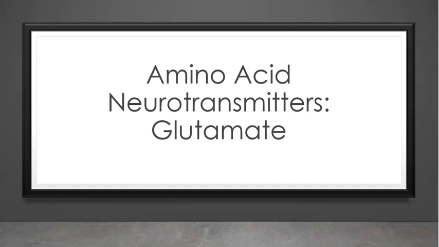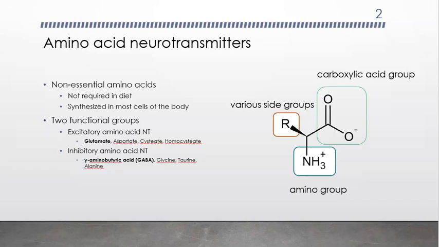Now, before we get into glutamate specifically, let's just talk about what an amino acid neurotransmitter is. These neurotransmitters are what we call non-essential amino acids, because we don't need to get them from our diet in order to make them.